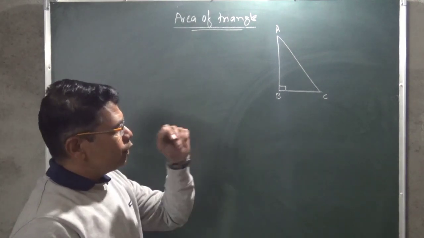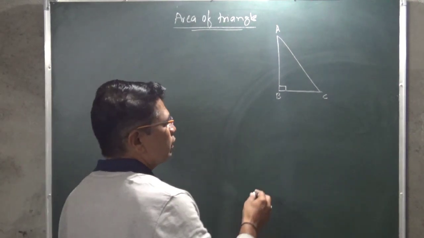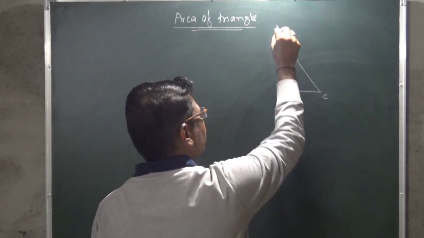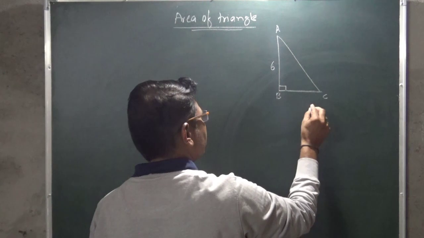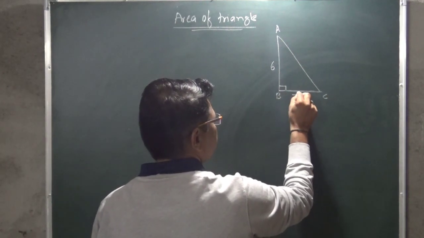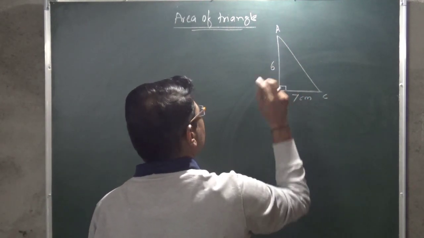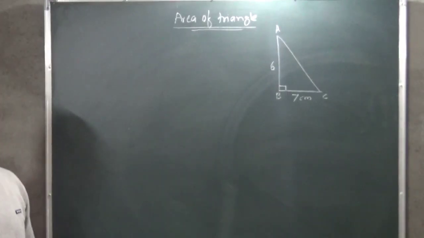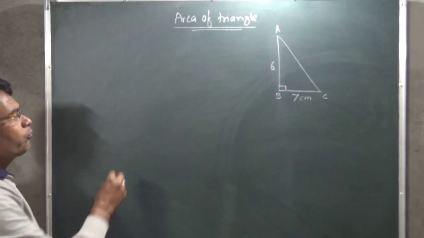If the sides are given, for example, side AB is 6 centimeter and side BC is 7 centimeter, and we wish to find out the area of the triangle, then here there is a formula.